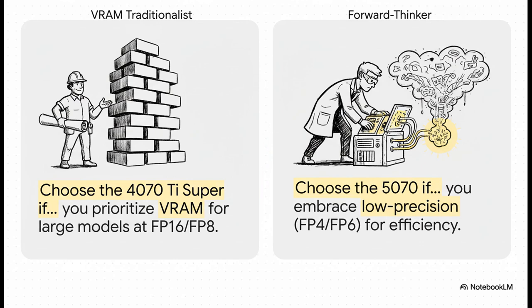If your work absolutely depends on running the biggest models you can find at higher precisions like FP16, and you just need that raw CUDA horsepower, then the 4070 Ti Super's 16 gigs of memory is probably your safest bet. But if you're more of a forward thinker, if you're comfortable with really aggressive quantization down to FP4 and FP6 to squeeze out every bit of efficiency, and you value stuff like on-GPU scheduling for multitasking, then the RTX 5070 is your ticket to the future.